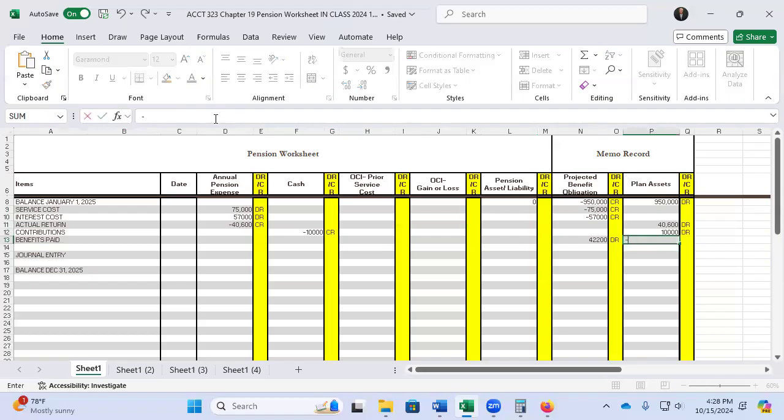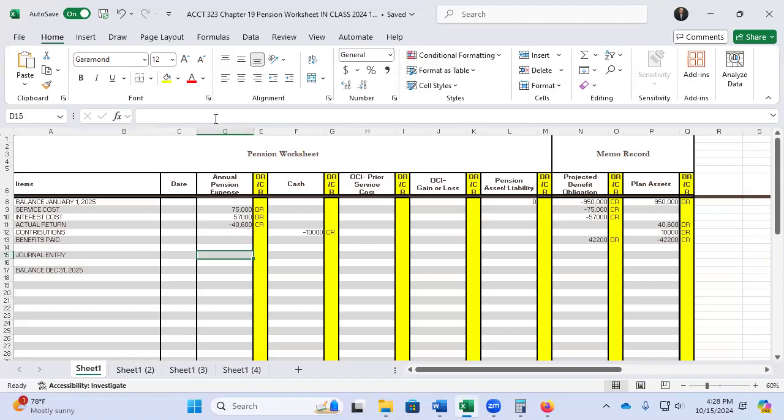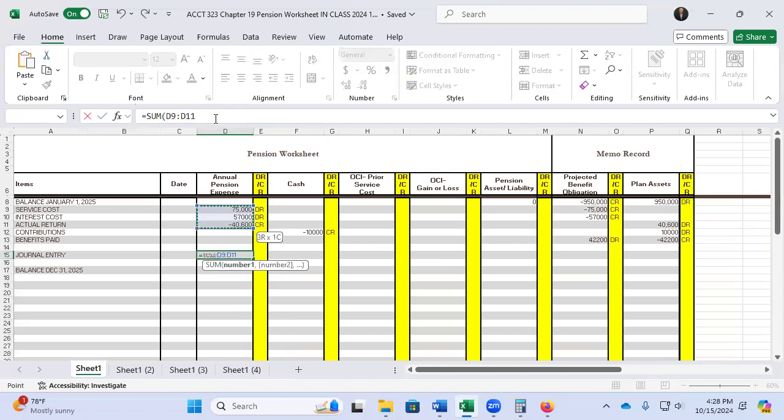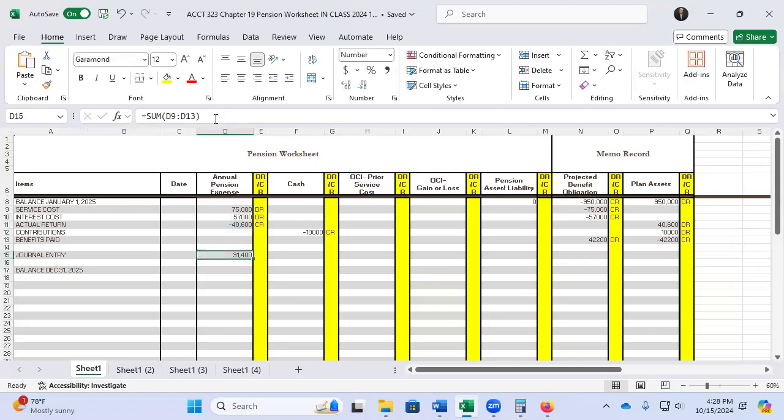That's a debit, but it reduces our assets available, so that's a credit. So for our journal entry, we sum these totals up. This is going to be our debit. This is going to be our credit.